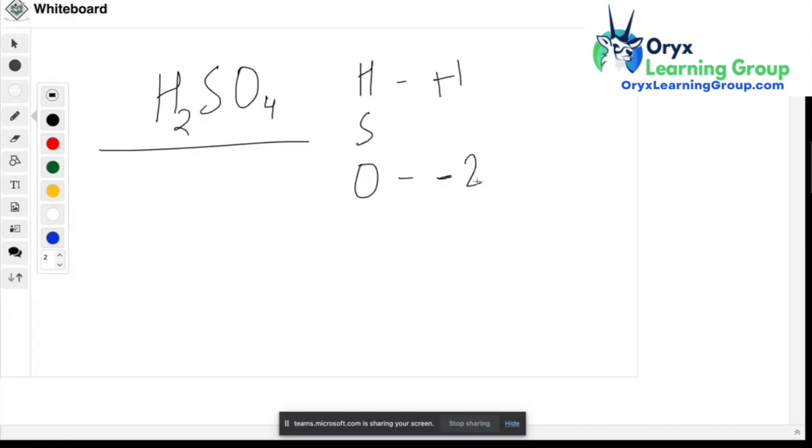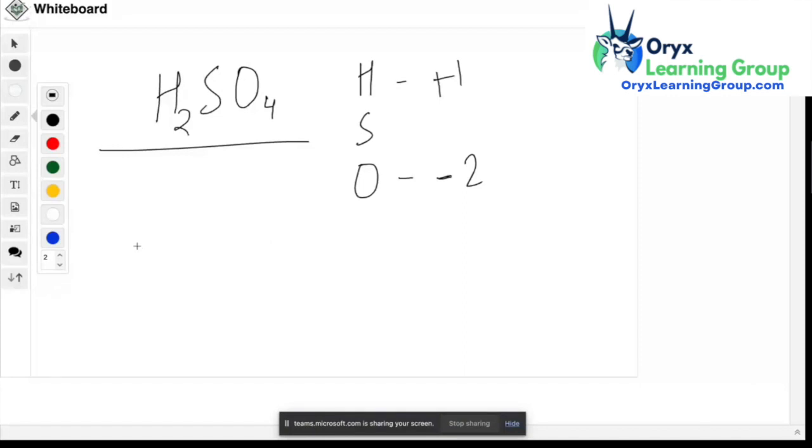Sulfur can have multiple oxidation states. So in this case, what will be the oxidation state? Okay, let's try it out.